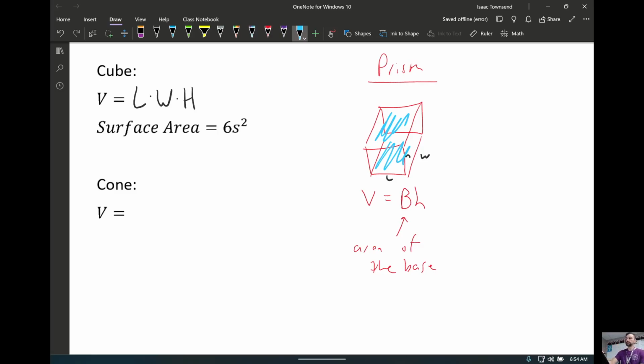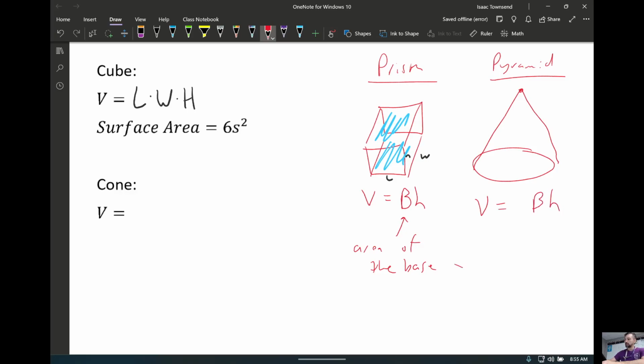The other type of three-dimensional shape that comes up a lot is a pyramid. Pyramid is where you have a base, one base, and the other side is not a base, but instead just a vertex. These are almost the same formula. Area of the base times the height.